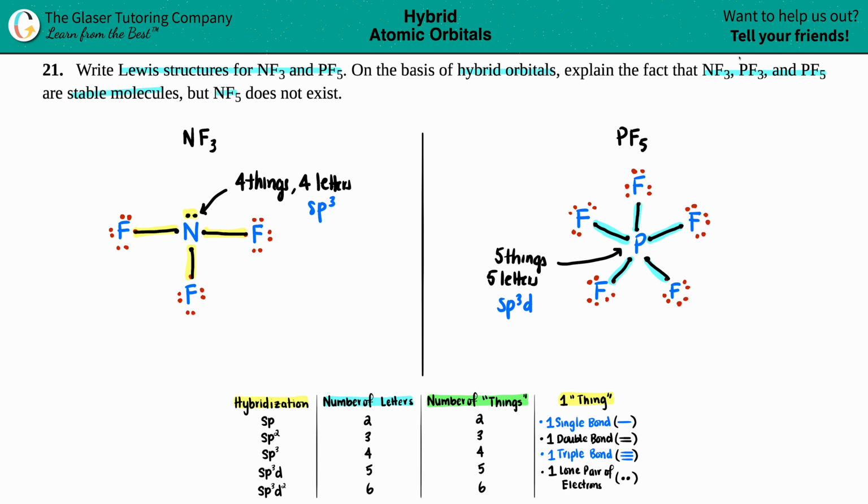So now we have to say, why are NF3, PF3, and PF5 stable, but NF5 does not exist? Well, if we eliminate the phosphorus and put a nitrogen there, nitrogen would have sp3d hybridization. So the question is, can a nitrogen have sp3d hybridization?